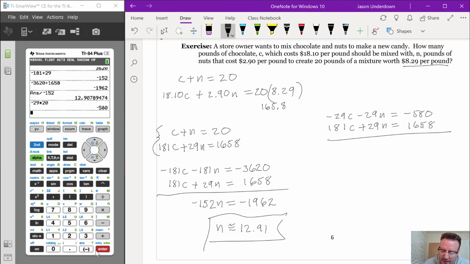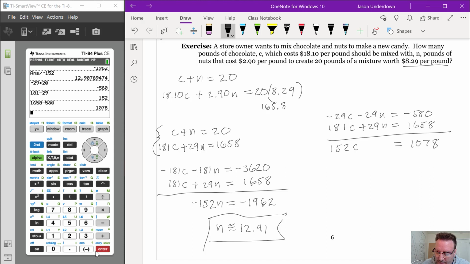Okay, and now you see that the N's will cancel, and I'll be left with just some C's. Let's see, 181 minus 29 is 152. So I'm left with 152C equals, and then we want to do 1658 minus 580 is 1078.